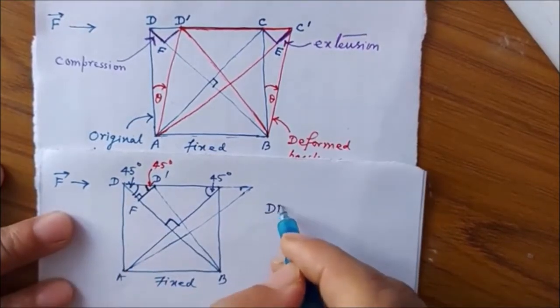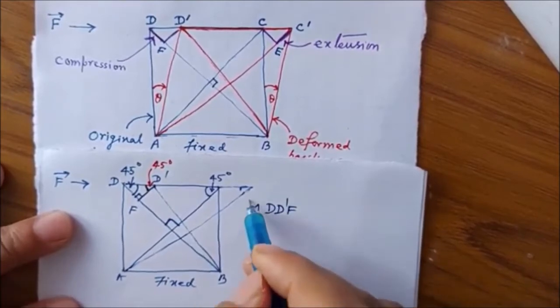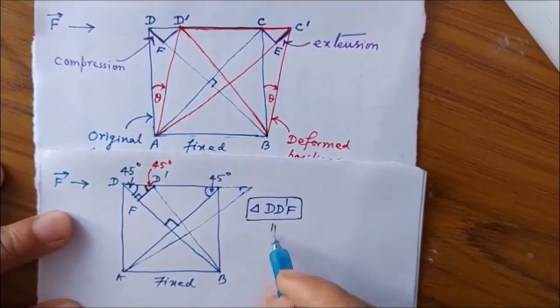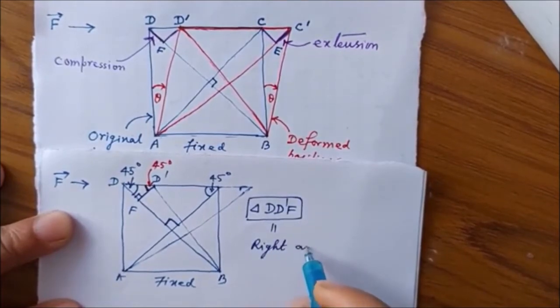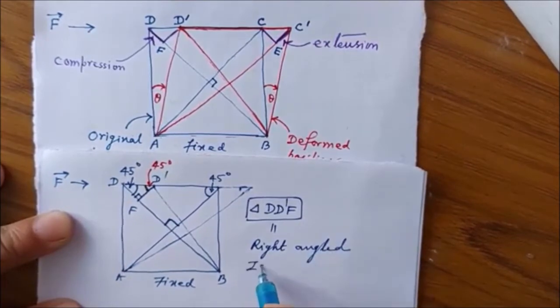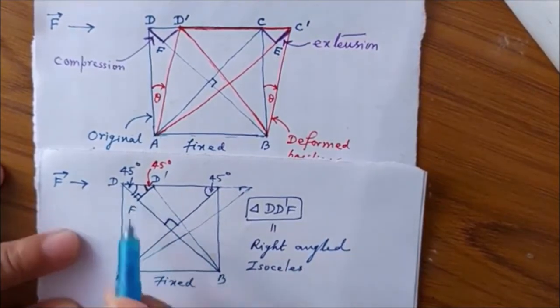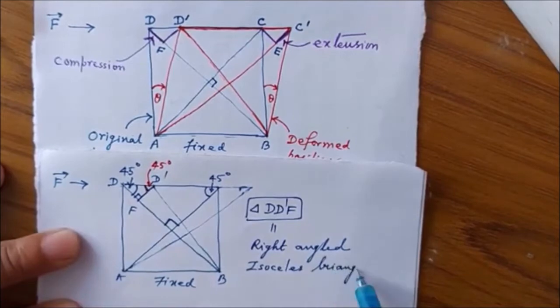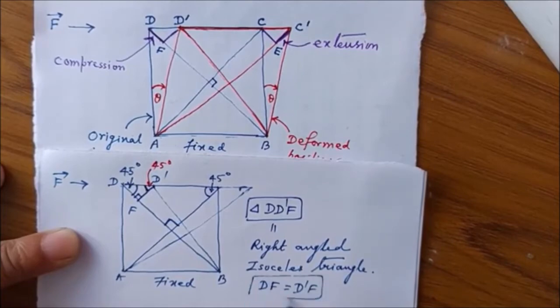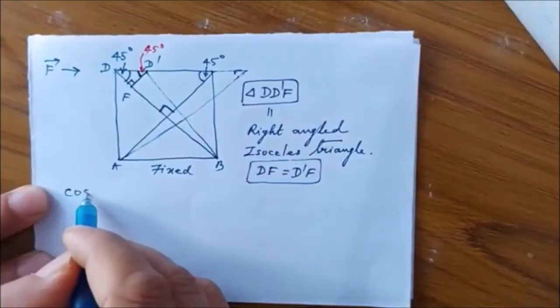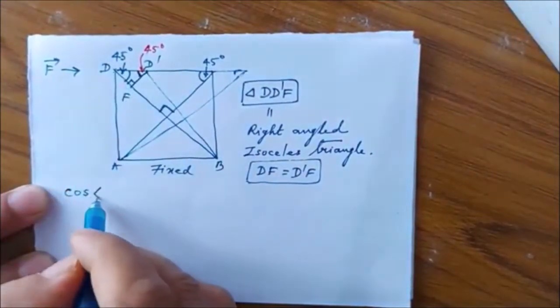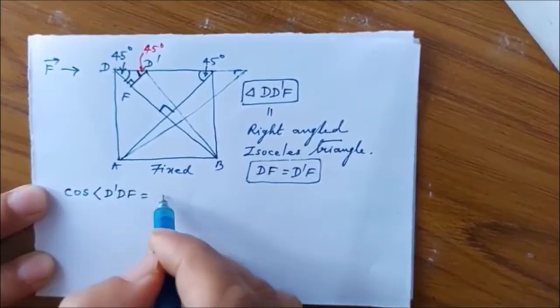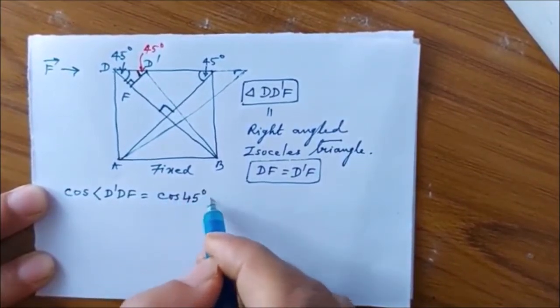So D prime F, this triangle, we have proved to be a right angled isosceles, means having two sides equal, and dF is equal to D prime F. So cosine of this angle, that is D prime dF, which is 45 degrees, so it is actually cos 45 degrees.